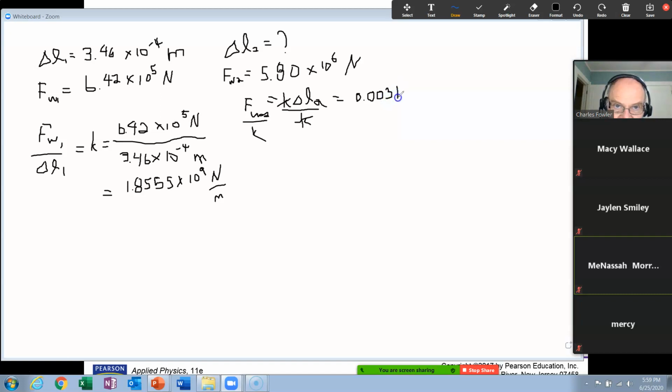And since this is my final answer, I will round this significantly to 3. The third digit is a 2, but look to its right, and I got a 5. That's going to round that up to a 3. 0.00313, and the units, whoops, sort of messed that up a little bit, didn't I? I didn't write it out.